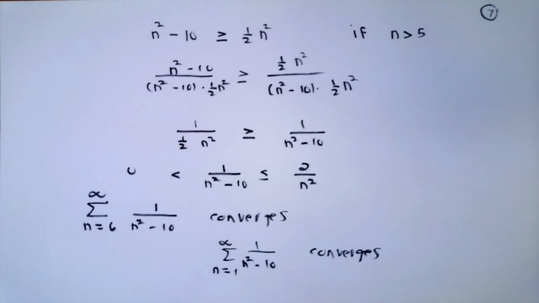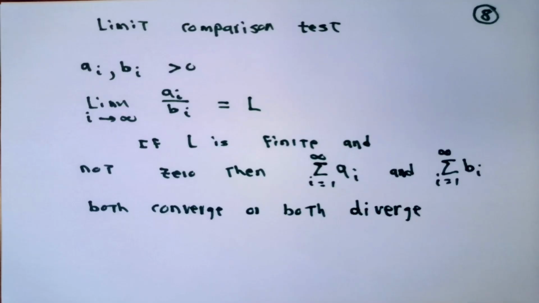So we have another one that we want to look at as well. In what we're going to call the limit comparison test, we have two series which are based on adding up the a_i numbers and b_i numbers, which are all positive, at least after a while anyway.